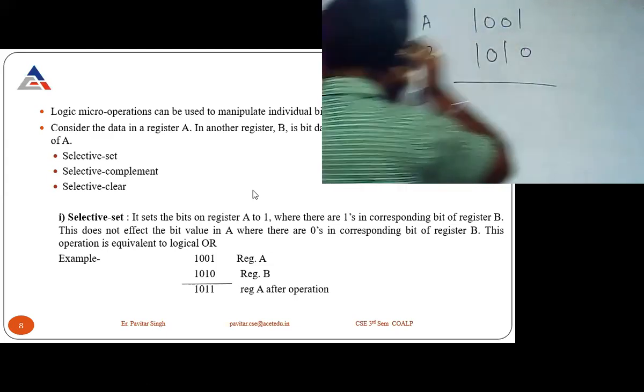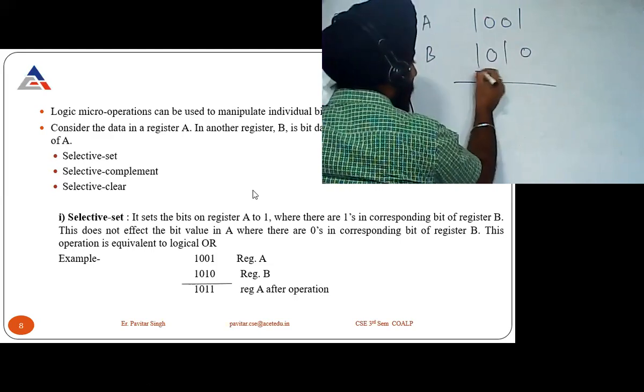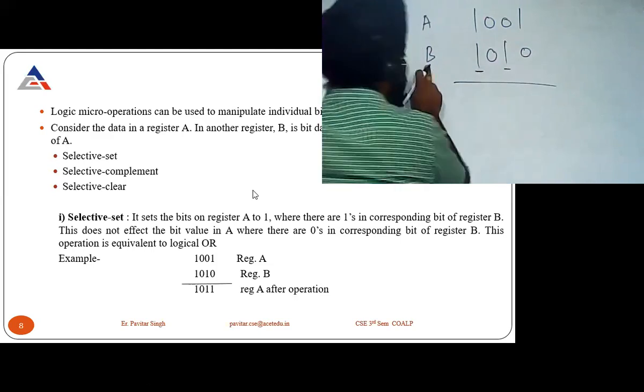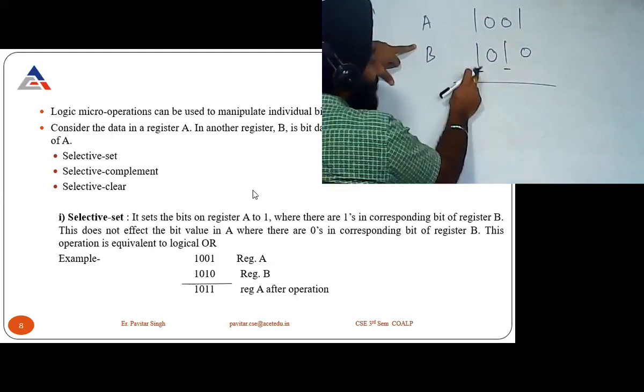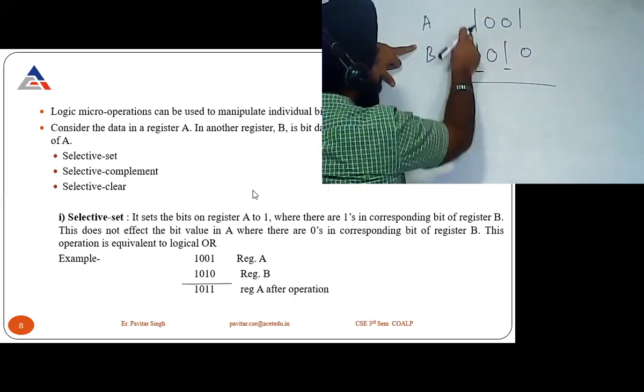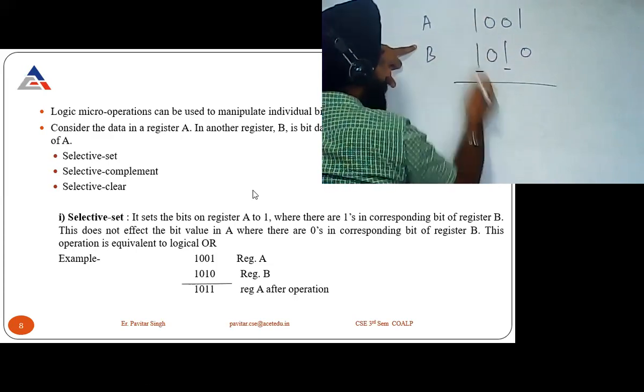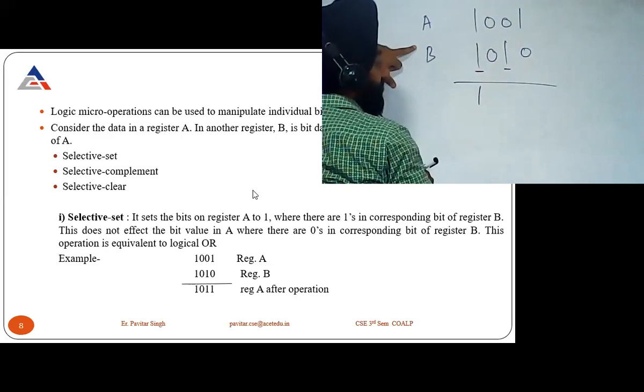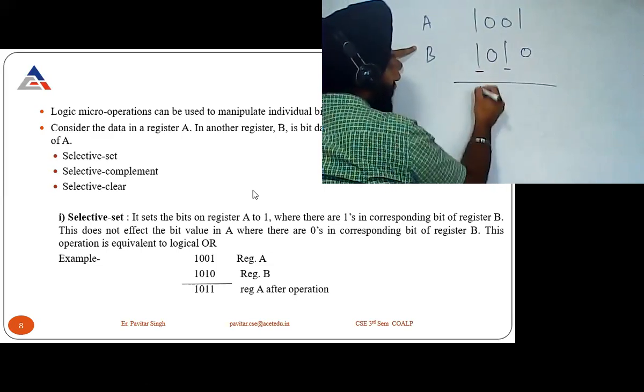You need to find the 1 values in B. So here you have 1, and the corresponding bit of A is already 1, so you need not change it. This becomes 1.